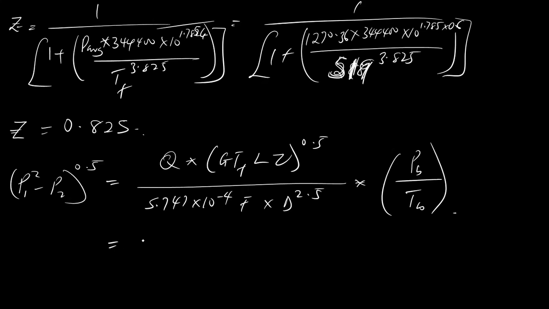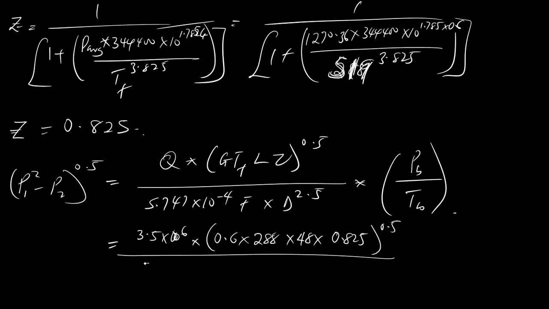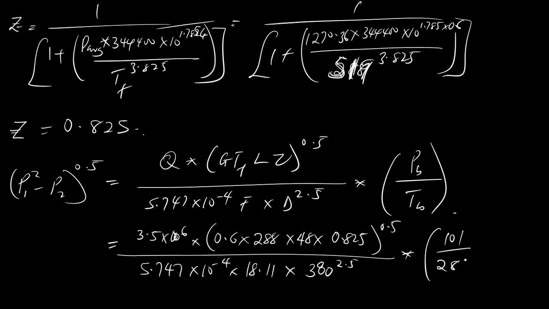Now let's use it to calculate. Now we have our flow rate to be 3.5 times 10 raised to power 6 times G, which is 0.6, times the temperature, which is 288, times the length of pipe, which is 48, times Z, which is 0.825, all raised to power 5 divided by 5.747 times 10 raised to power minus 4 times 18.11 times 380 raised to power 2.5, times the base pressure 101 divided by the base temperature 288.